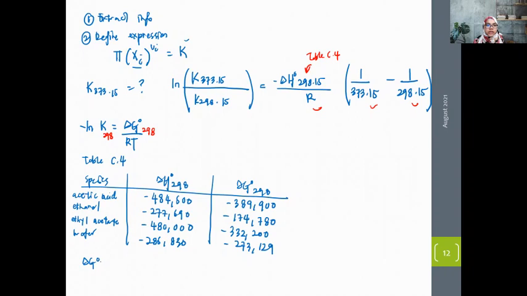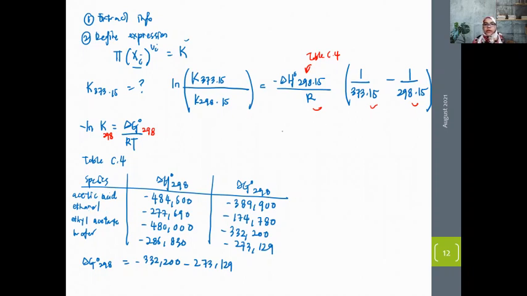So delta G standard equals the product minus reactant. The product is, first, ethyl acetate, 332,200, minus water 2,129. The reactants are acetic acid and ethanol.